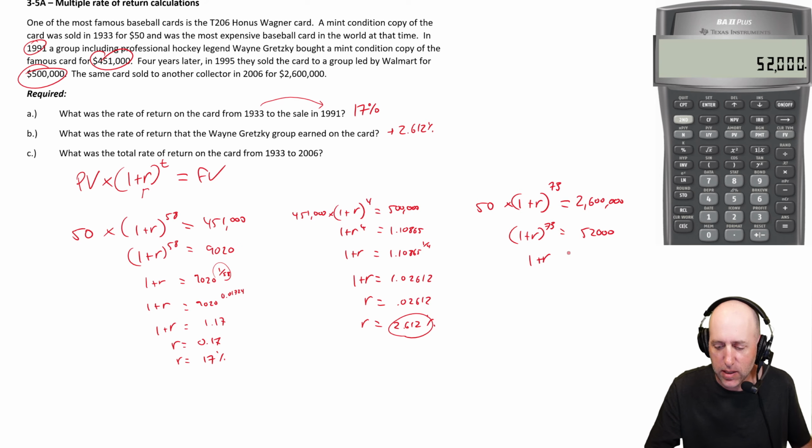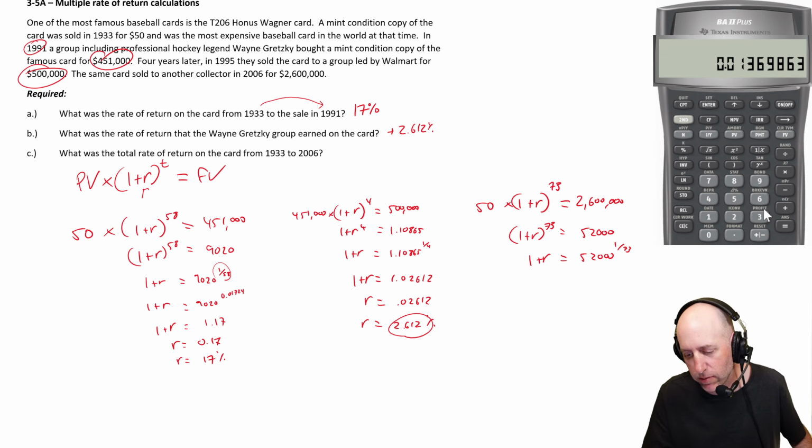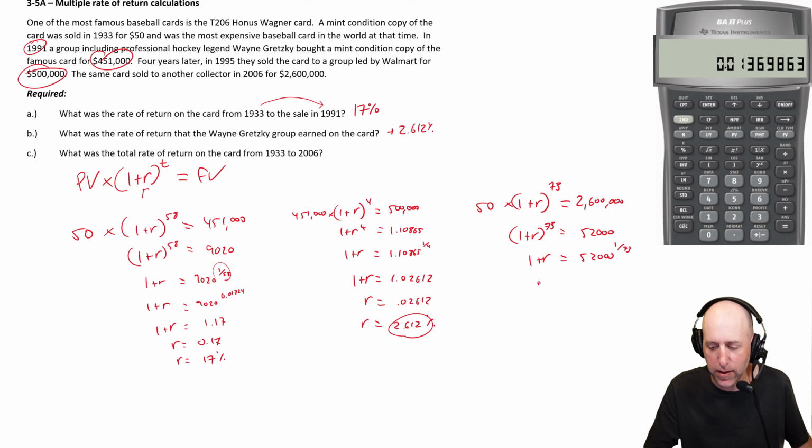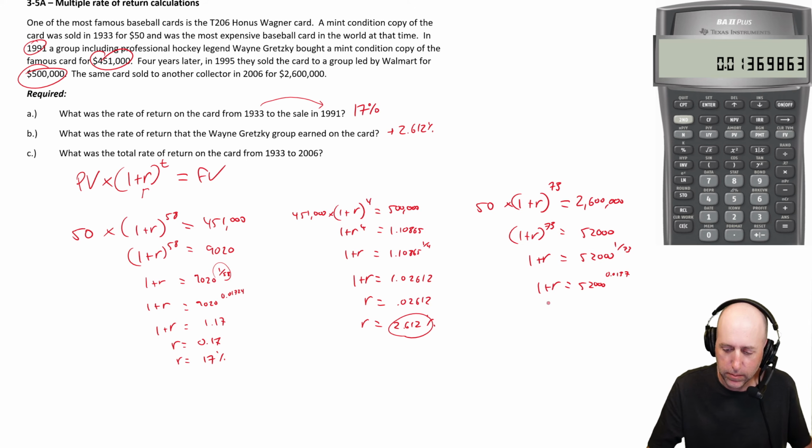We have to take each side and raise it to the power of 1/73. 1 divided by 73 is 0.0137. We're going to call that 0.0137. 1 plus R equals 52,000 to the power of 0.0137.